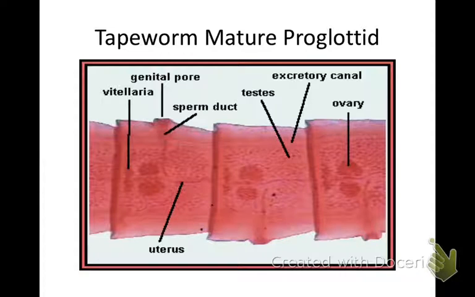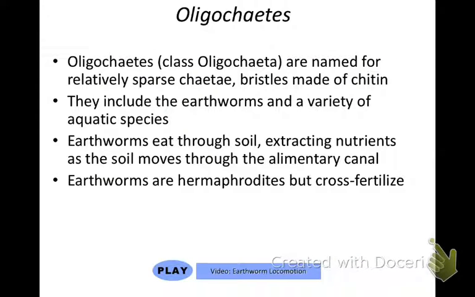The eggs will be fertilized and pile up in the uterus, and eventually this proglottid will completely fill with mature eggs.